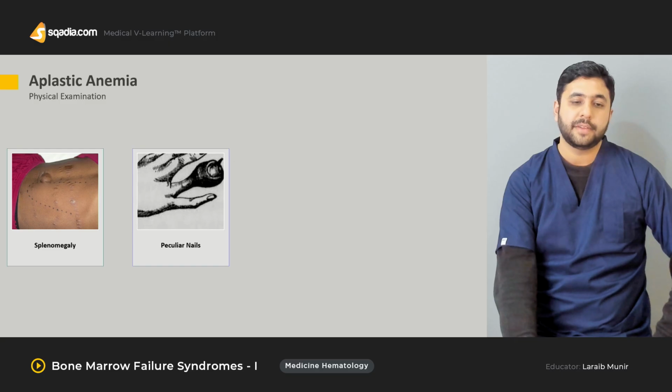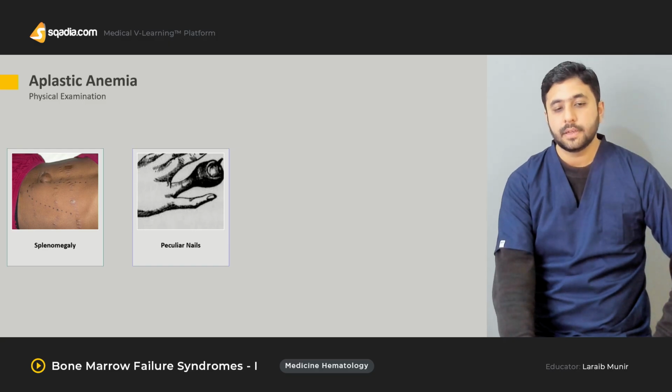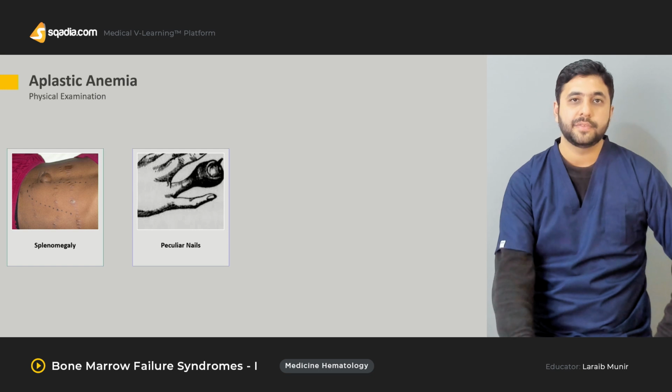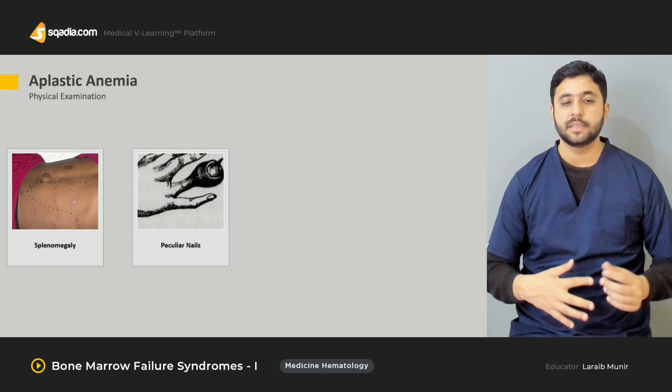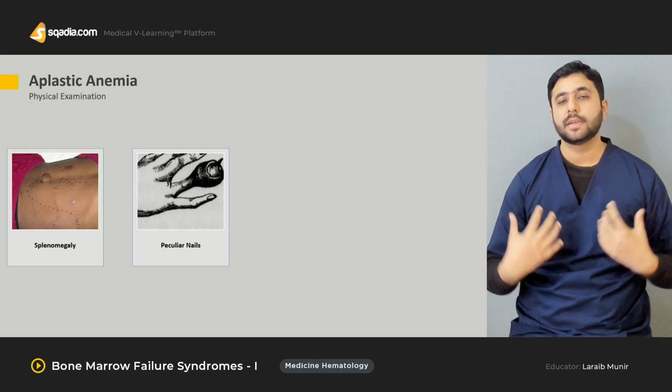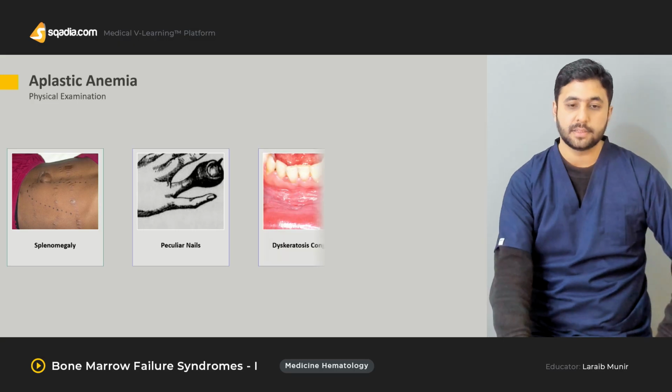Then, if we have an inherited disorder, some young infant presenting with pancytopenia, there are different types. For example, if someone has Fanconi anemia, then they have certain digit problems, like peculiar nails, nail swelling, or abnormalities of the digits or the whole musculoskeletal system.